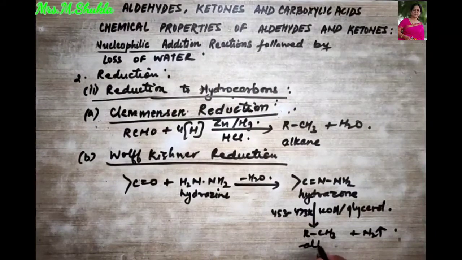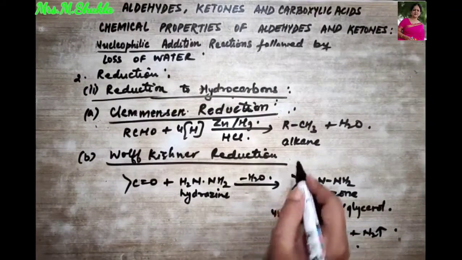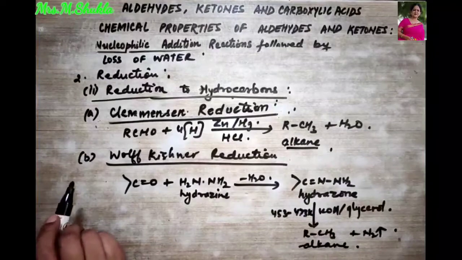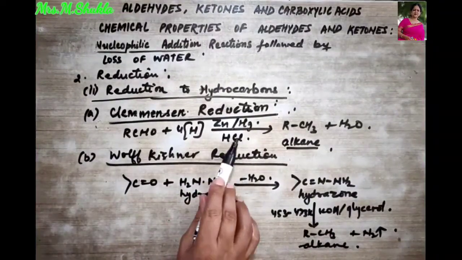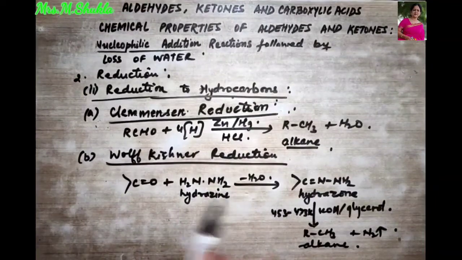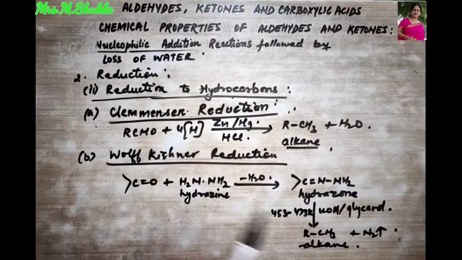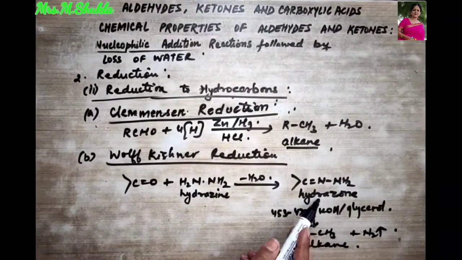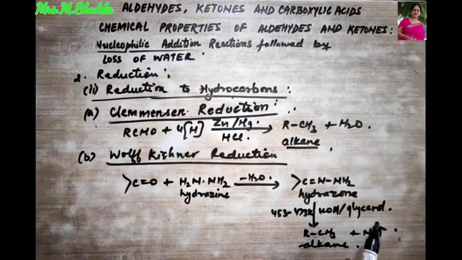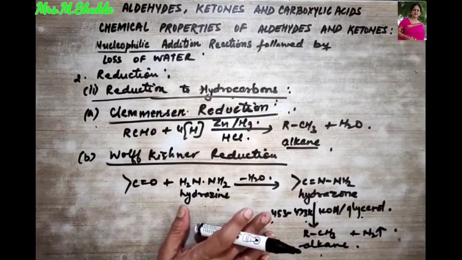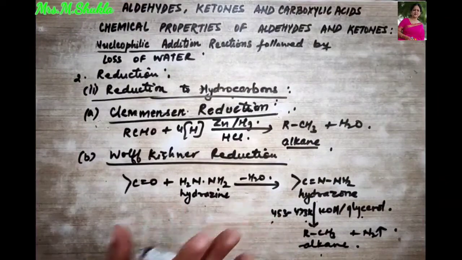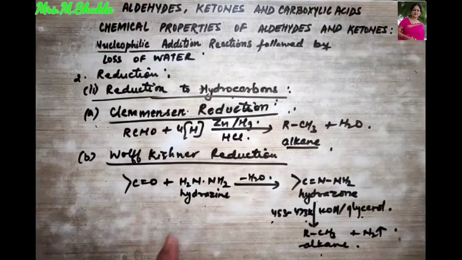So this is the alkane that is obtained. One alkane is obtained from the reduction in the presence of zinc amalgam and HCl, and one is with hydrazine. First it forms hydrazone, and that hydrazone, when treated with KOH or glycerol at this temperature, is going to give us the alkane. Now this reduction is used for those aldehydes and ketones which are sensitive to acids.